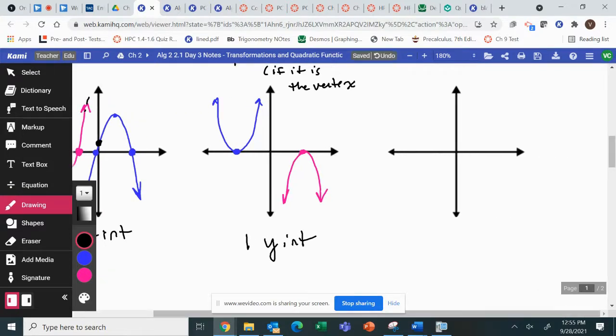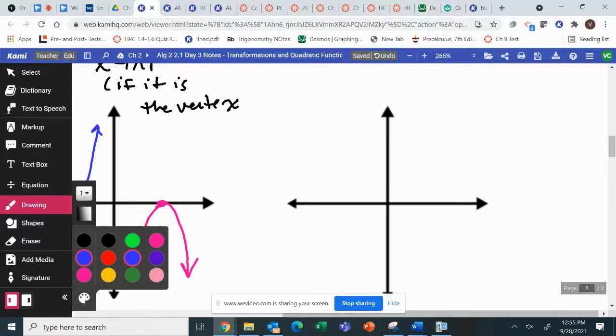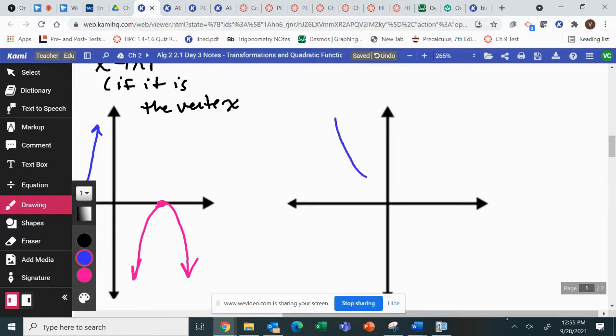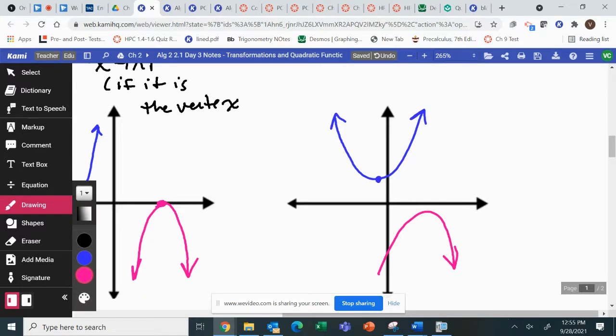Okay, there is another scenario. Last scenario. What if in the blue one, the vertex is above the x-axis and it opens up?